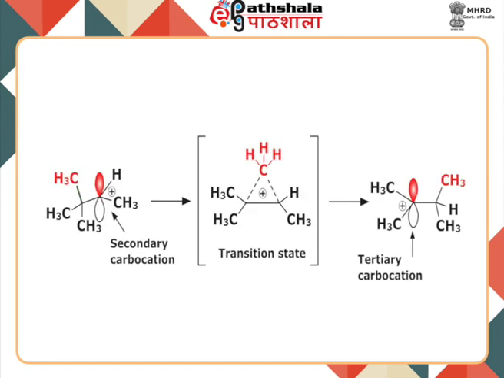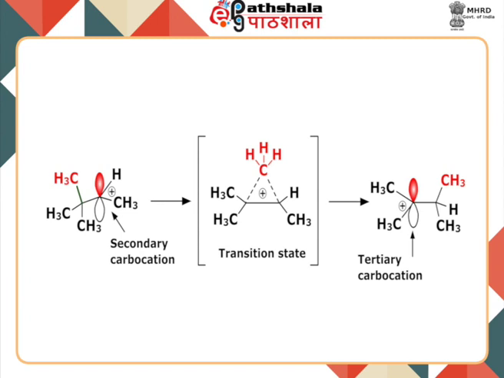The pair of electrons from the C-C bond can be donated into the empty p orbital on the carbocation, and this means they have to be aligned in the same plane. In the transition state, there are partial bonds between the carbon being transferred and each of the two adjacent carbon atoms, as you can see in this visual.